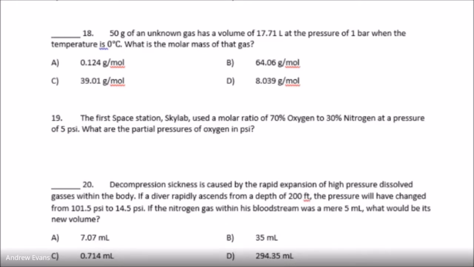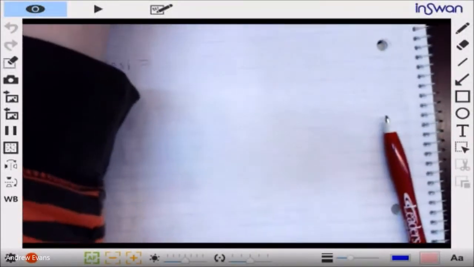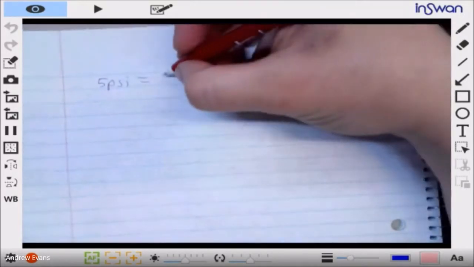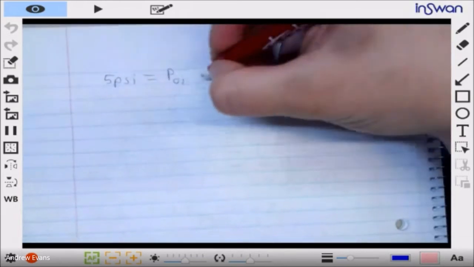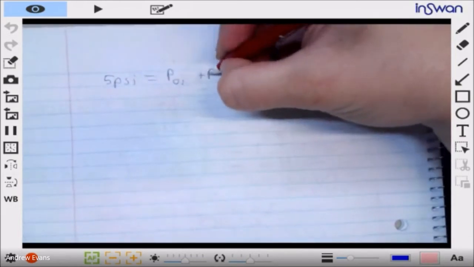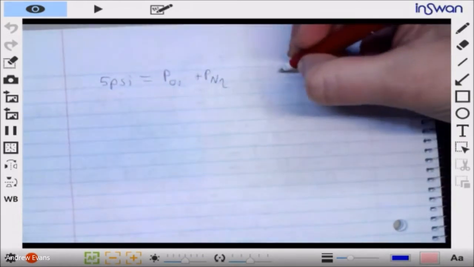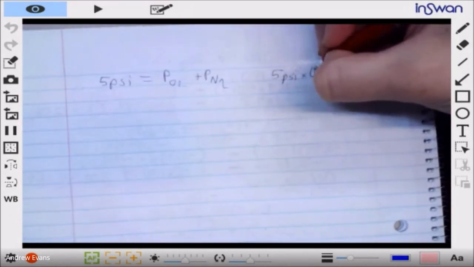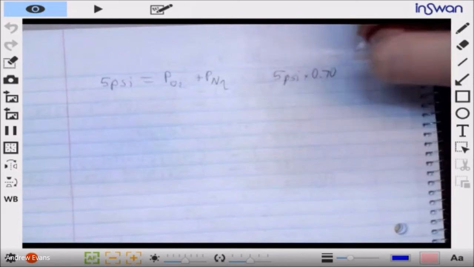So if 70% of this is oxygen, how do we find the pressure of oxygen? Well, the long story short is it was 5 psi times 0.70.